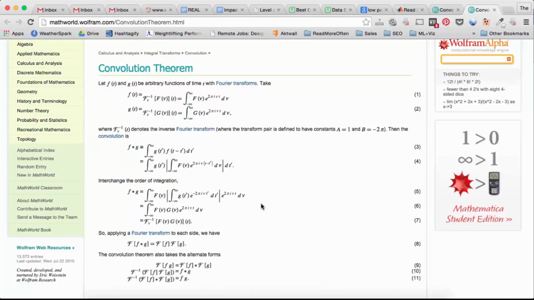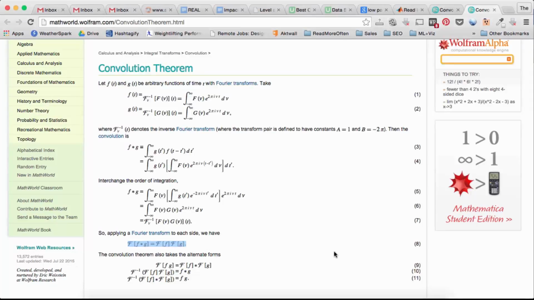But the other way we could do it is, since convolution in time is equal to multiplication in frequency, we could take the Fourier transform of both signals first, multiply them, and then do the inverse Fourier transform to go back to the time domain. That would be equivalent to doing convolution.